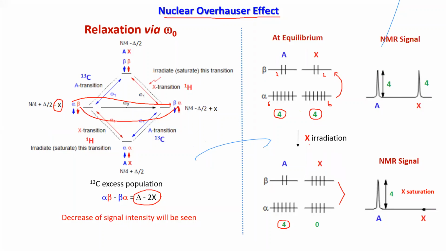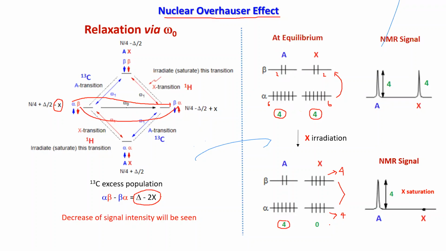Now if you quickly try to make it saturated, how many excess nuclei do you have? 4 nuclei. So 2 nuclei have to jump from ground to excited state. Your excited state will have 4, and the ground also has 4 nuclei. Now it is achieving saturation, right?